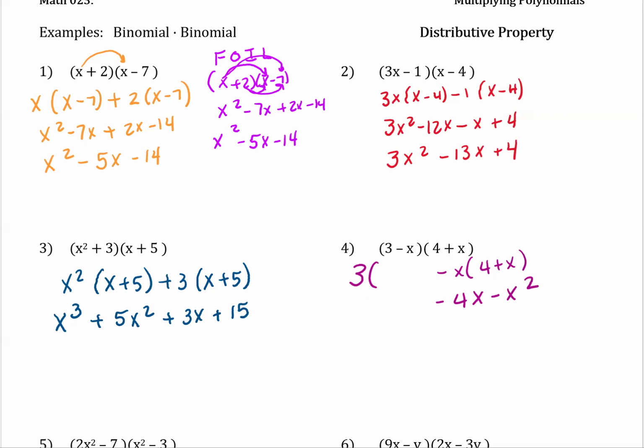My brain just did that. It's the same thing, don't worry. So I have 12 minus x squared. I can leave it like that, or we can write it in standard form so that the largest exponent goes first. And we can write it like that.